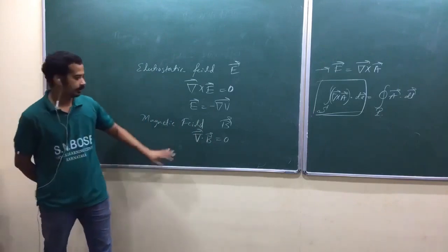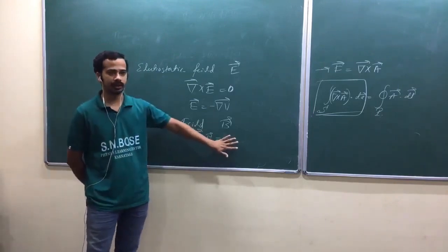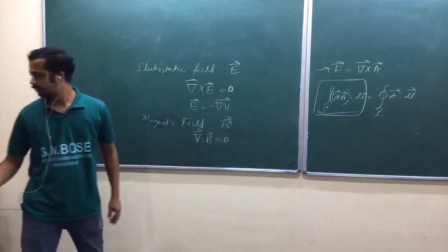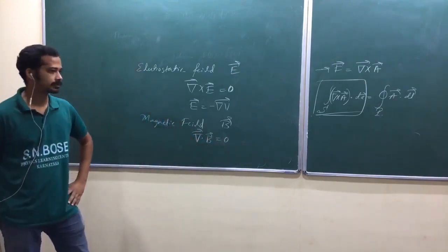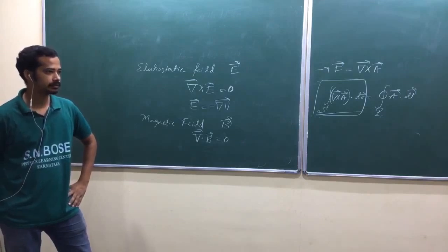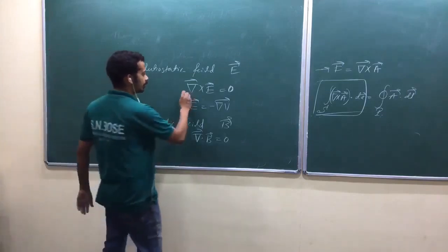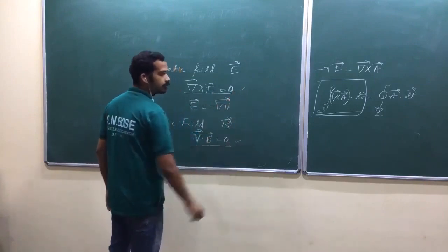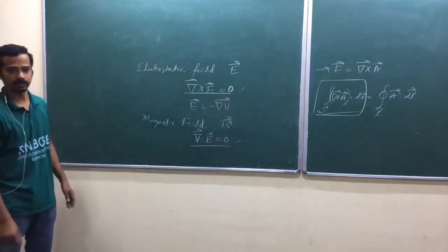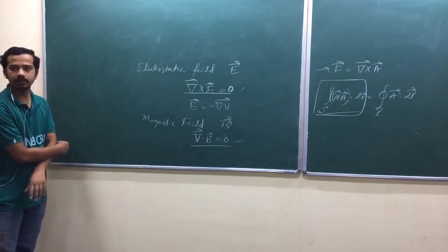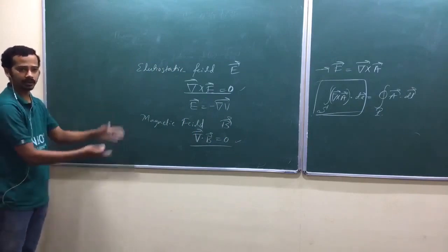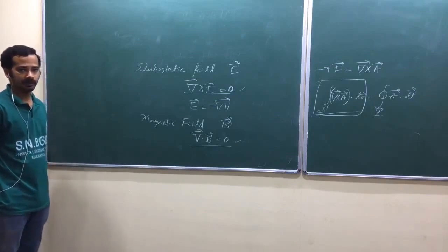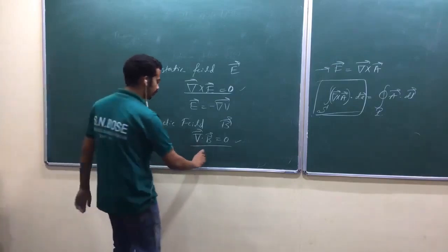If you have non-zero on this side, that means it talks about a source. Remember, this is a consequence of Coulomb's law, and this is a consequence of Biot-Savart's law. Very basic. Coulomb's law and Biot-Savart's law are basic inputs. The rest is mathematical elaboration. Once you show this, how do you write this?